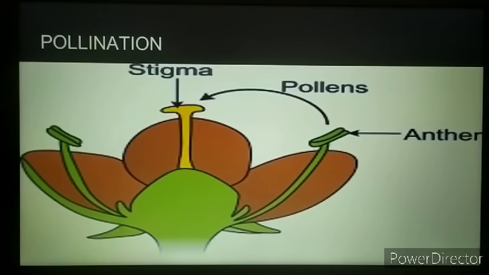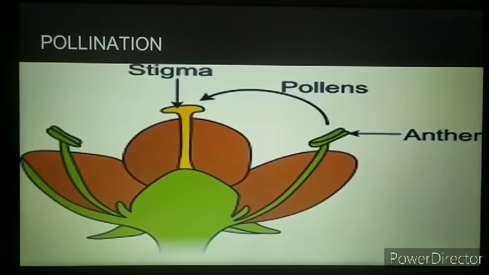So based on whether the pollen grains are transferred within the same plant or between two different plants, we can classify them as self-pollination and cross-pollination. What are the two types? It is self-pollination and cross-pollination.